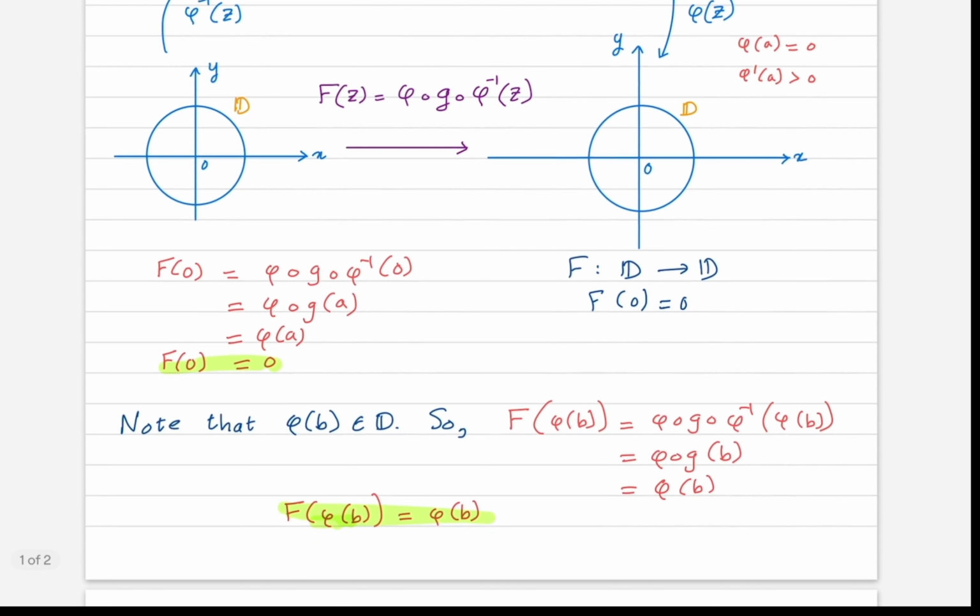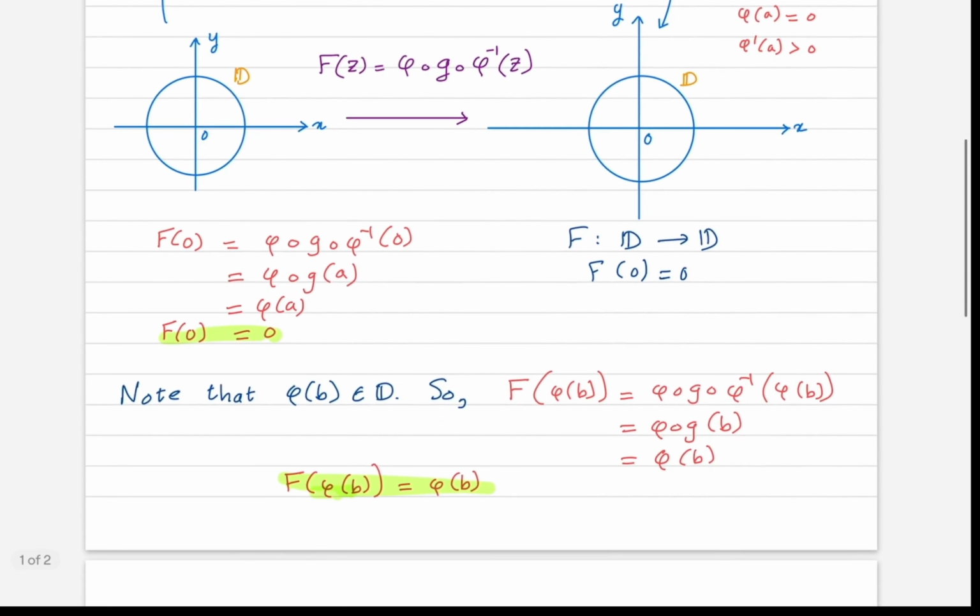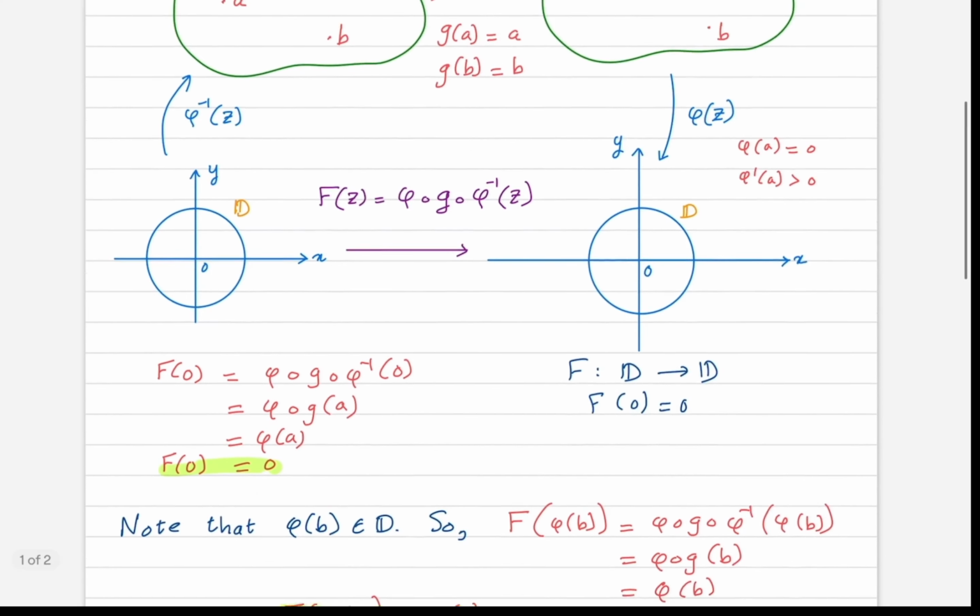Let's see what would happen if I substitute phi of B instead of z. This is going to be phi compose g compose phi inverse of phi of B, but phi inverse of phi is identity, and identity of B is B. So I would get phi compose g of B, but what is g of B?